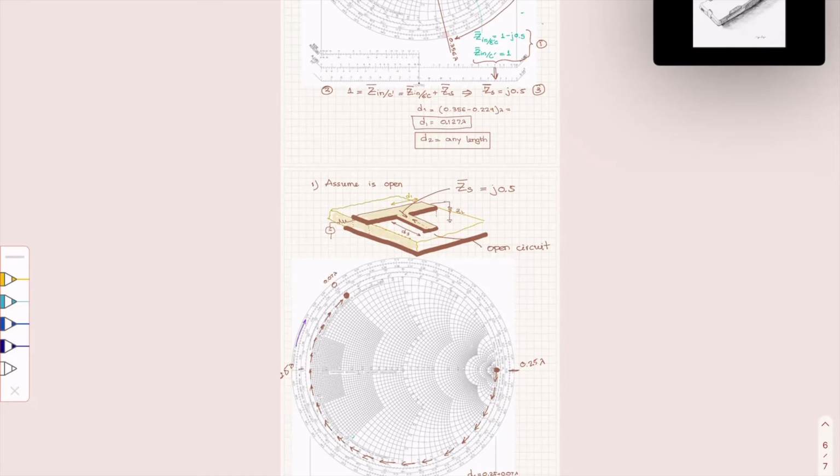So my advice will be to solve as many problems as you can on the Smith chart. I mean, make up problems like this. You don't need me to give you a problem.